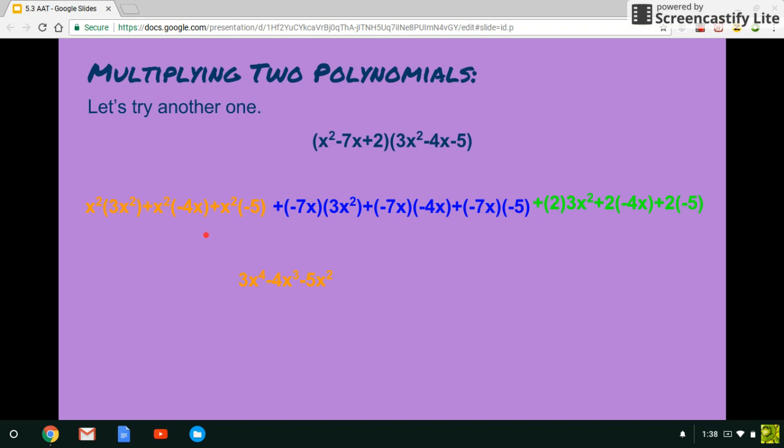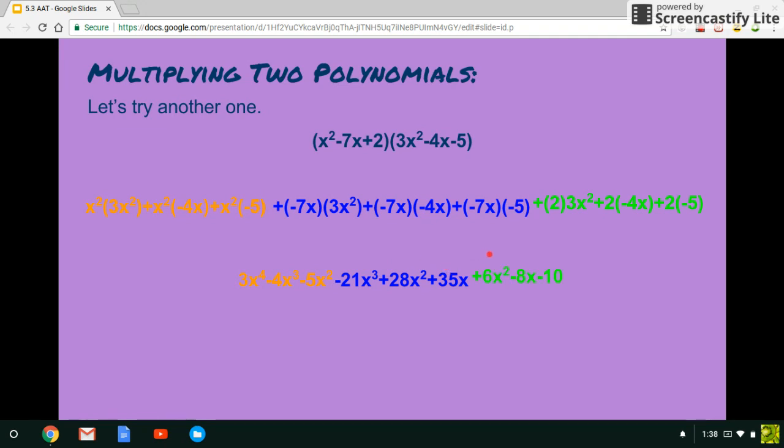So this first part over here simplifies to 3x to the fourth minus 4x cubed minus 5x squared. So we're just taking each of these and multiplying them and figuring out what they simplify to. The middle ends up being negative 21x cubed plus 28x squared plus 35x.